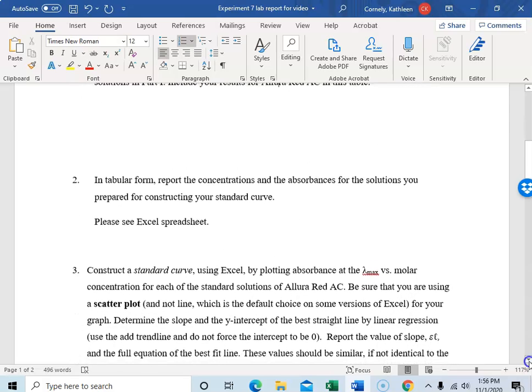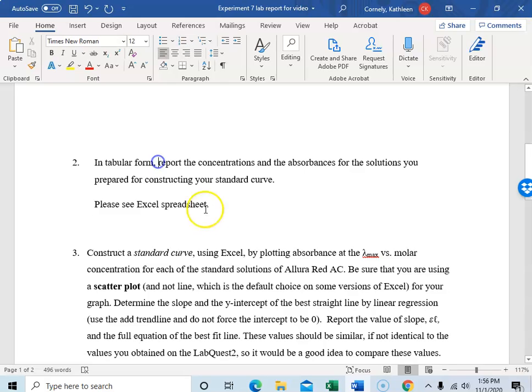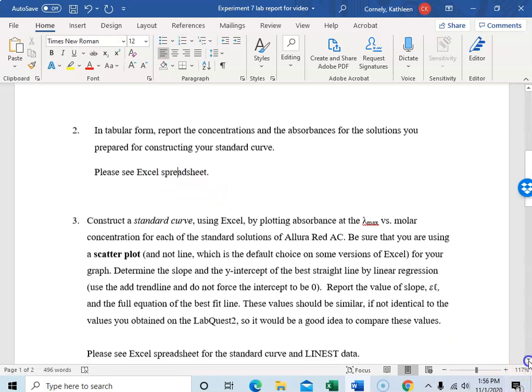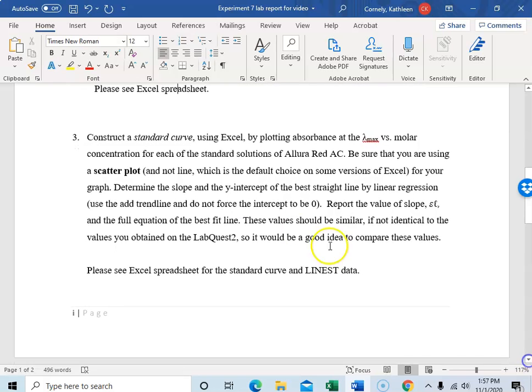Going on to number 2, you were asked, in tabular form, to report the concentrations and the absorbances for the solutions you prepared for constructing your standard curve. That's on the spreadsheet, so just say, please see Excel spreadsheet. Number 3, please construct a standard curve. So again, the Excel spreadsheet will have the standard curve and the line of best fit data.